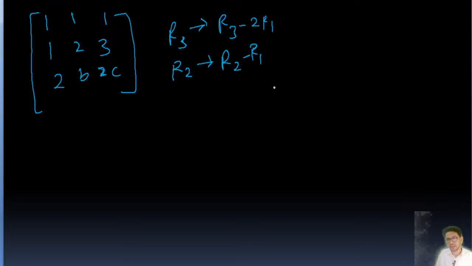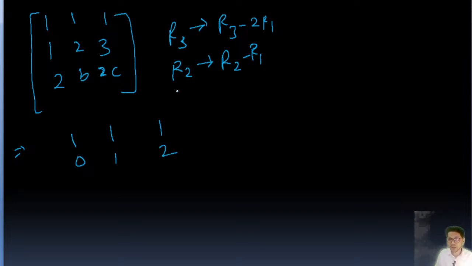This will also get 0, right? So after the operation, this matrix is going to be: first row remains as it is, 1, 1, 1. Second row is R2 minus R1, means 1 minus 1 is 0, 2 minus 1 is 1, 3 minus 1 is 2, okay.